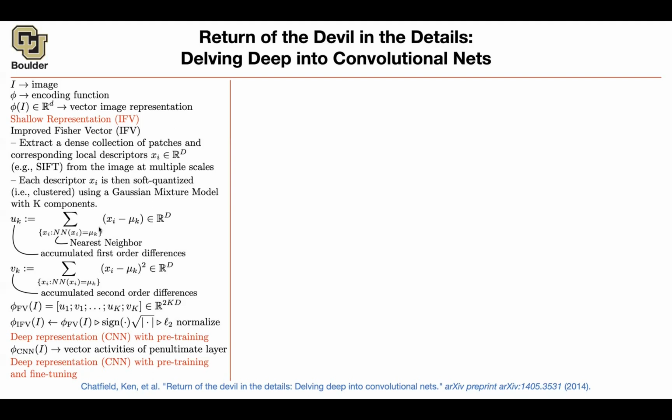So you first find the cluster centers, and then you look at every patch in your image, compute its distance to the cluster centers, and then aggregate them, or aggregate the square of them. So now it's a lot more complicated than what you would do with PCA, because PCA is going to give you a linear representation.